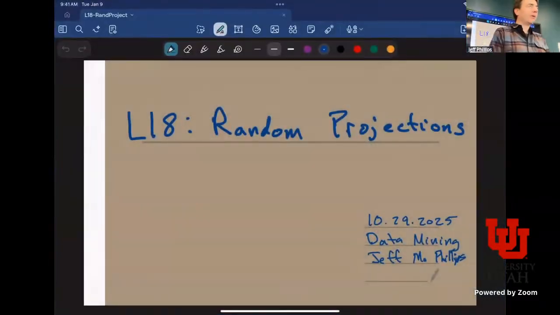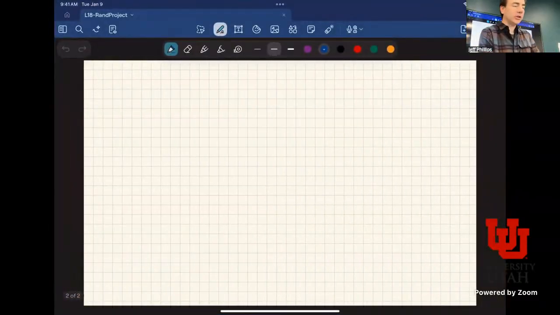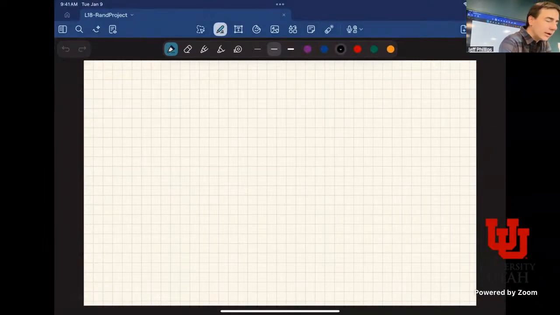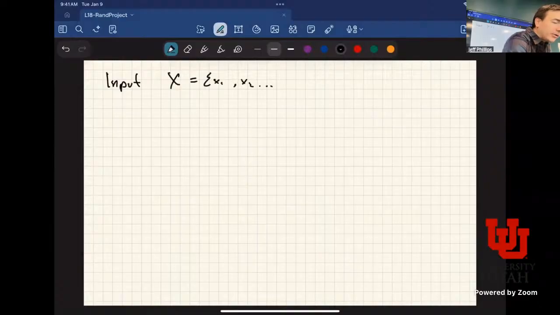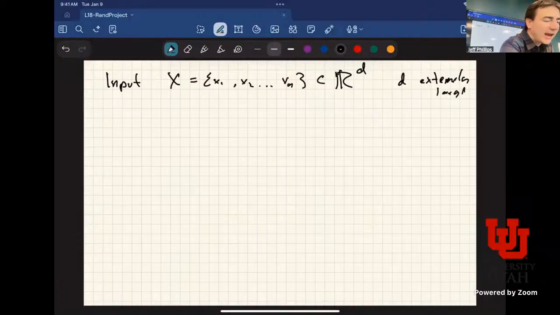Okay, so let's talk about this random projection approach. What we have here as the input data is x1, x2 up to xn, and we'll think of them as a subset of R^D. We're going to think now that D is extremely large. Today we'll be talking about the paradigm where this is maybe 100 million.